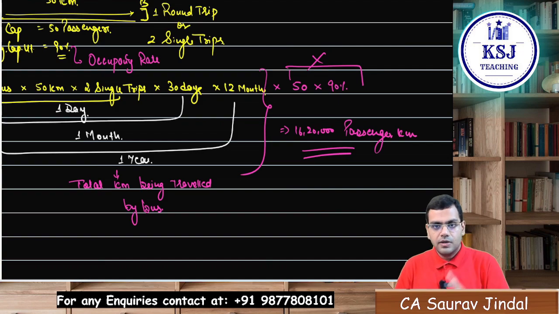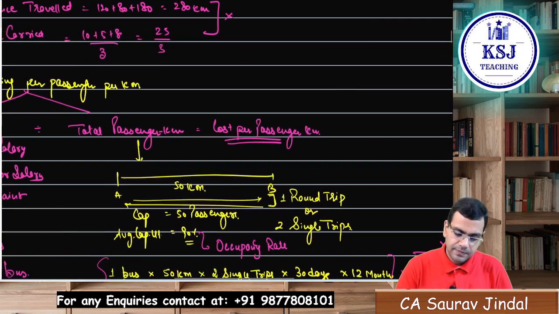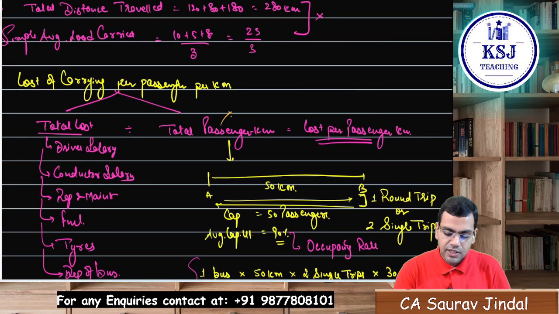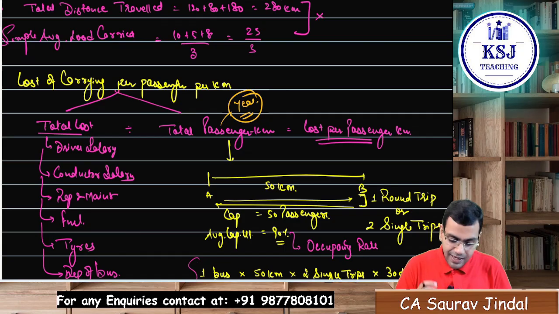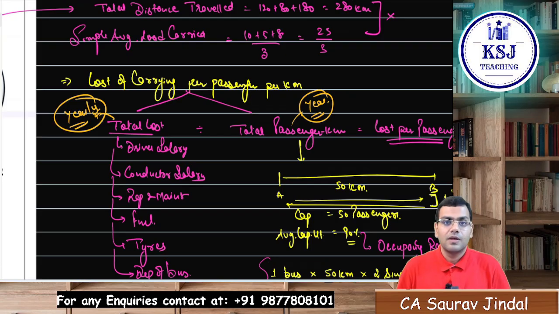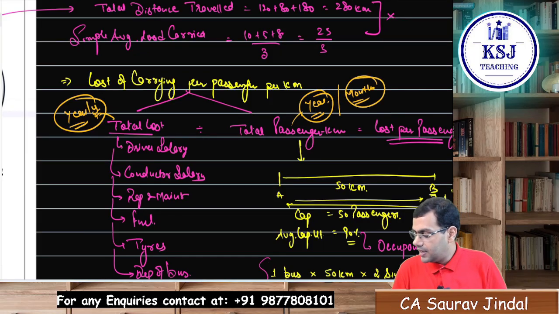Now, two important points that you need to remember. First thing, if you are calculating the total passenger kilometers for the whole year, then your total cost should also be yearly. If you are calculating the total passenger kilometers for a particular month, then what will happen, sir?